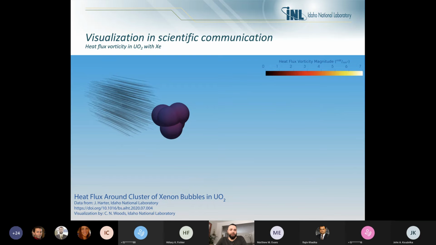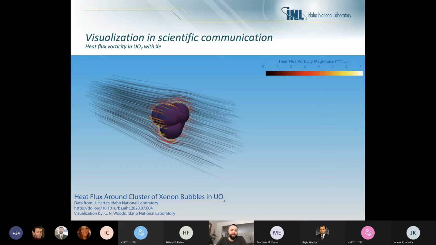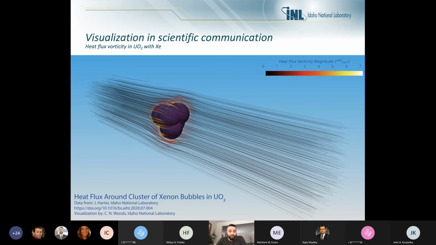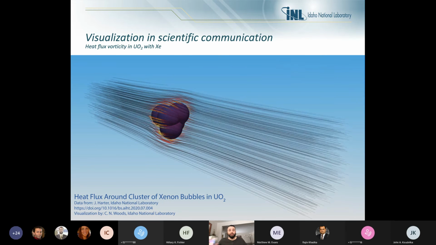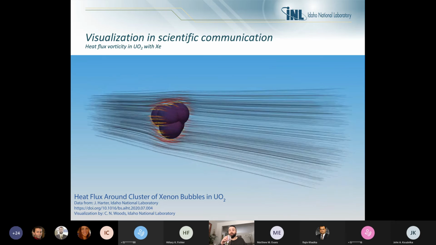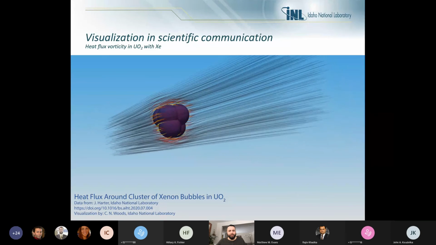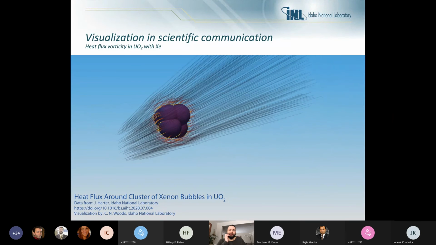And you're seeing here, as we move through the material, we see how the heat flux changes its contours around the bubble cluster itself. And what it allows us to do is to pinpoint directly where exactly it is happening. Because obviously there's tons of intersections in this thing, and we can see now precisely how the intersections affect the way heat transfers.